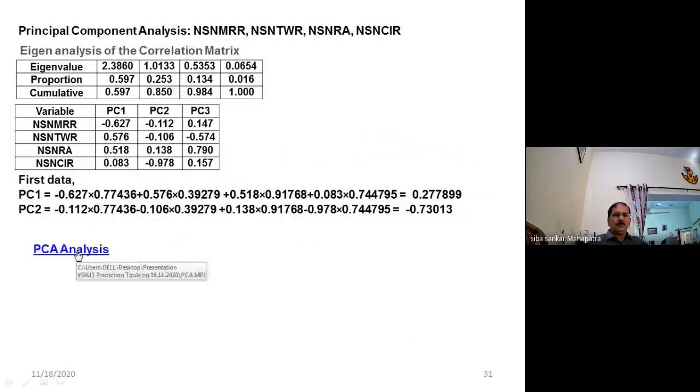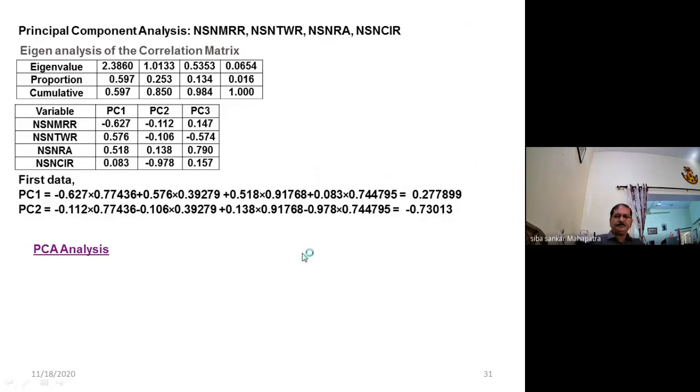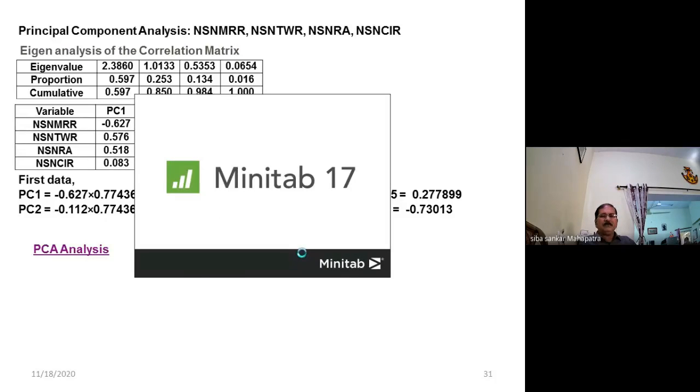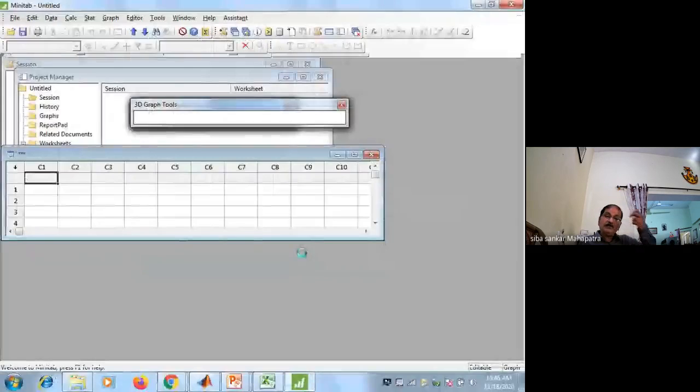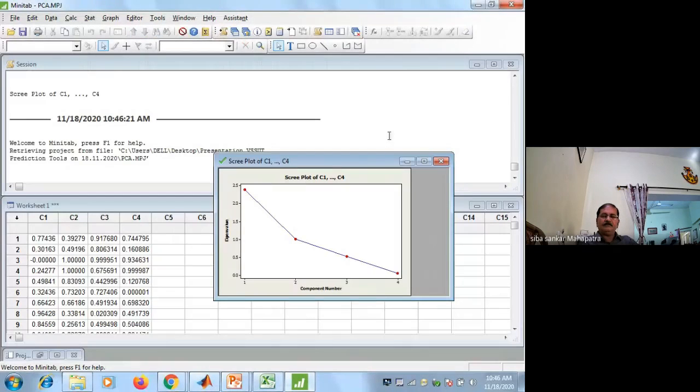Now, for this data, you see the correlation and principal components here. I have found this out by Minitab software, but you can also find it using MATLAB. In MATLAB, there is a statistical toolbox. You can use the statistical toolbox to find out the correlation.